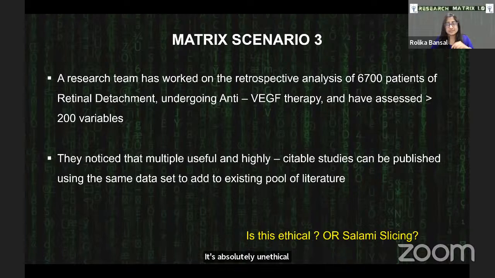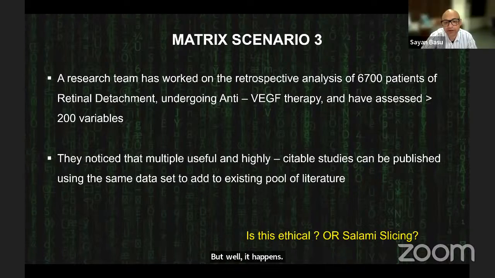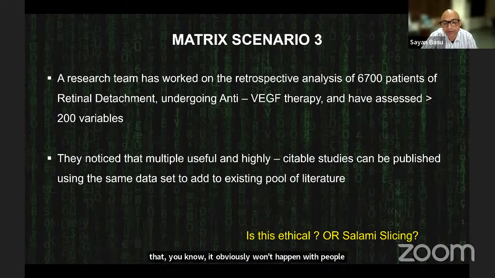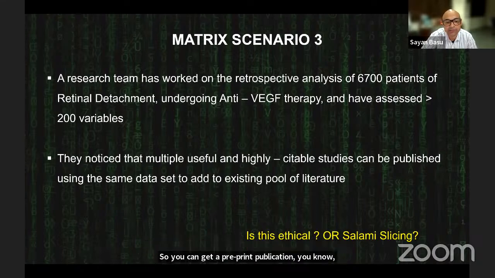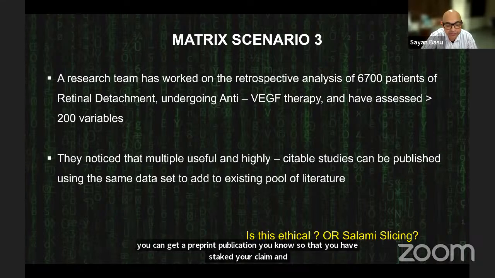Right. Another way, if you have something very innovative, I don't know if it applies to surgical innovations or those kinds of manuscripts, but another way of preventing this from happening, if you have something very original and you are early on in your career, is a preprint. It obviously won't happen with people who are well known in their field. You can get a preprint publication, so that you have staked your claim and the preprint is searchable and available.